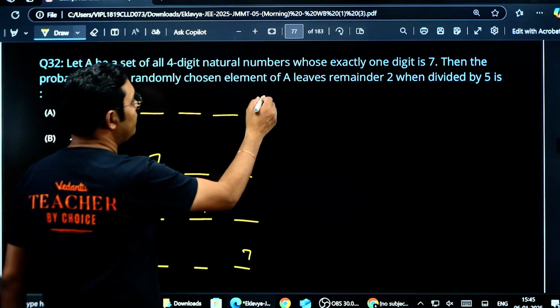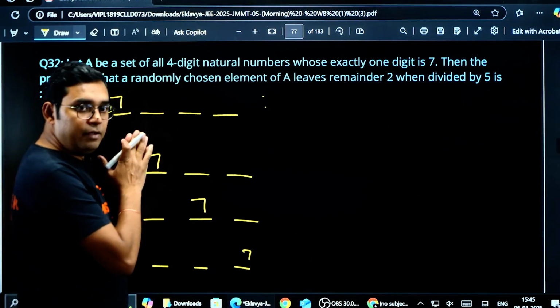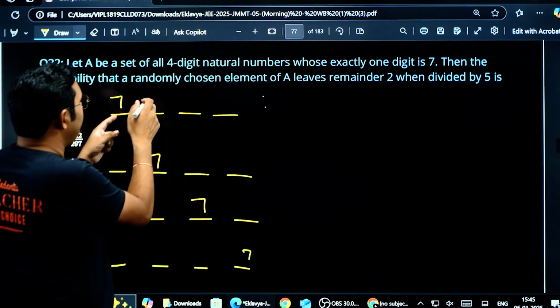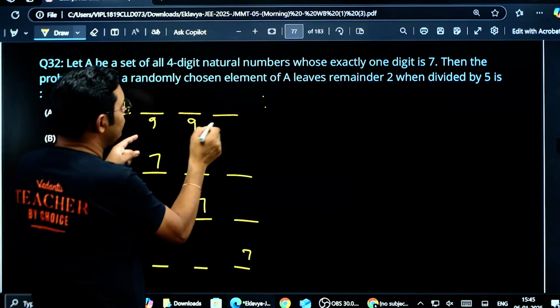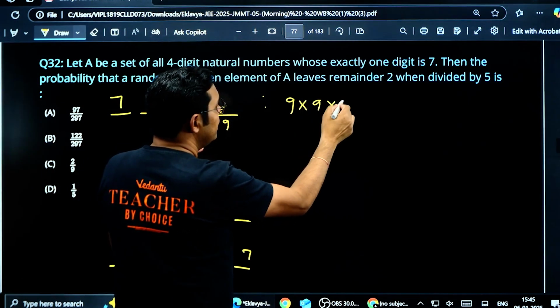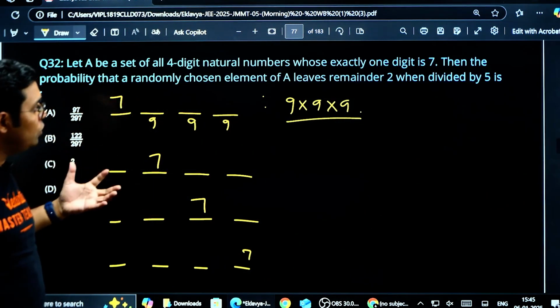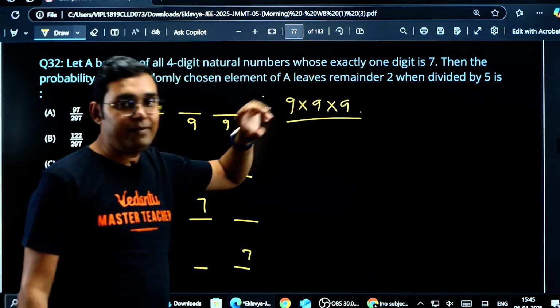Now I will write the total cases. If 7 is here, exactly one 7 is needed, so I have 9 options for each of the other three places. So there will be a total of 9 into 9 into 9 such numbers. But out of these numbers, how many leave remainder 2 when divided by 5?